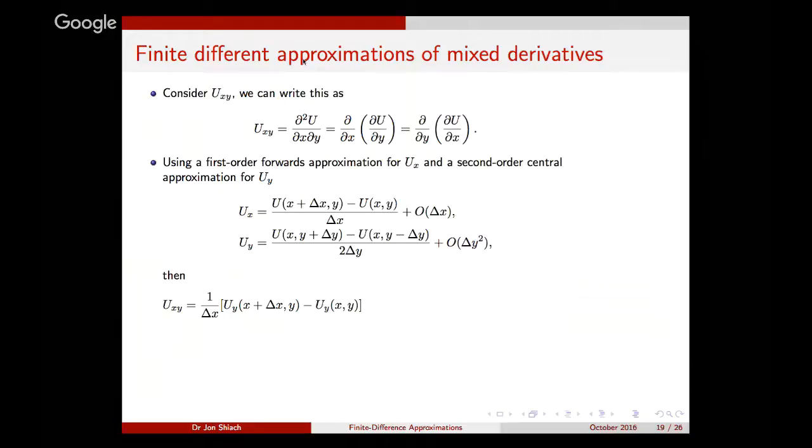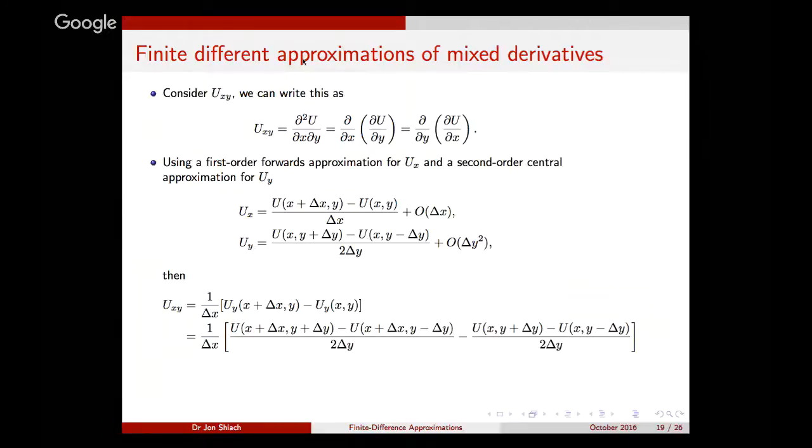This is a function of two variables, I'm not touching y, and minus the value at u(x, y). So take a forward step, minus the current value, and divide that by the step length. Each of these is a derivative, so that's the partial derivative with respect to x.